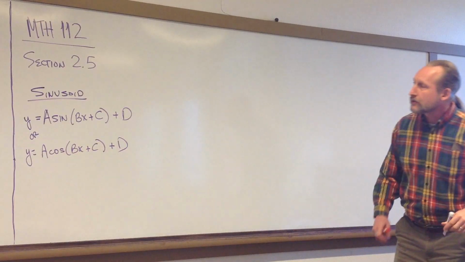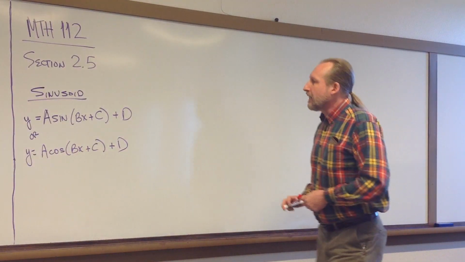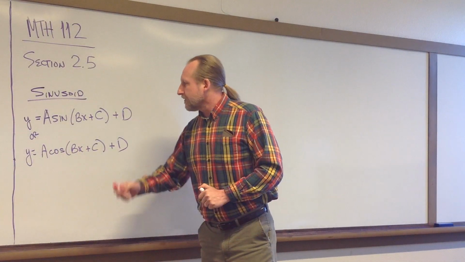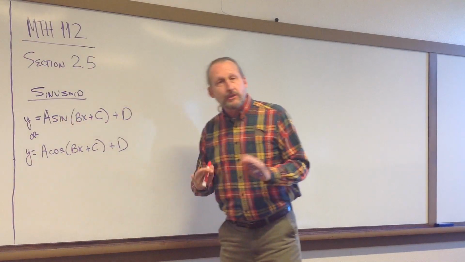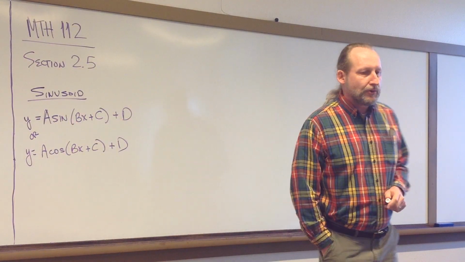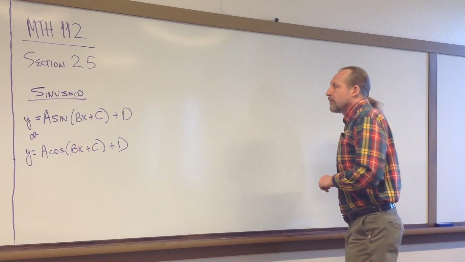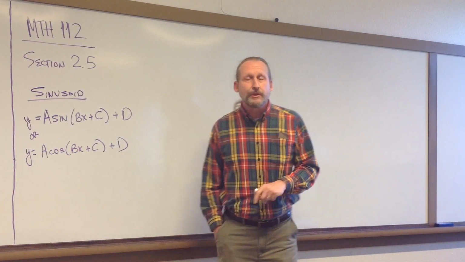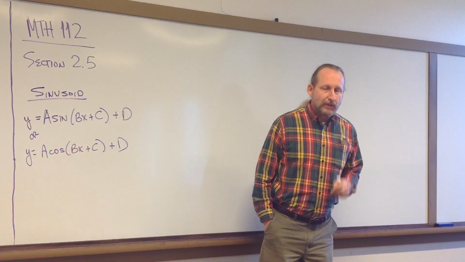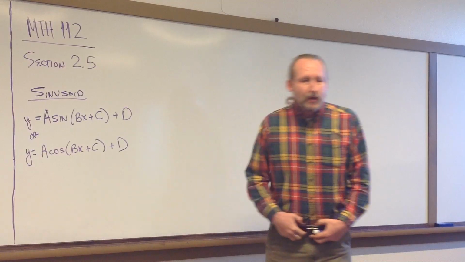Those are the standard equations. You've got information about the effect of A, B, C, and D on the graphs on your formula sheet, which I will include with both the sample midterm as well as the midterm exam itself.